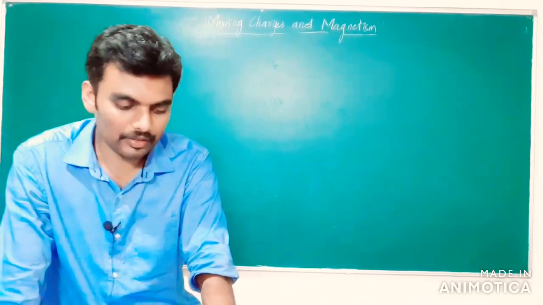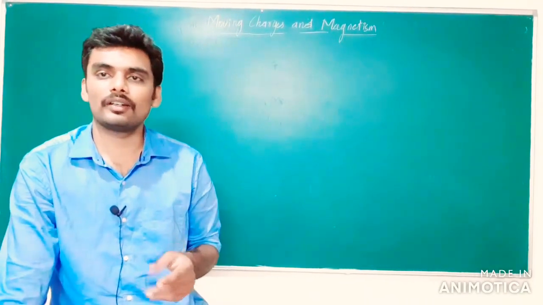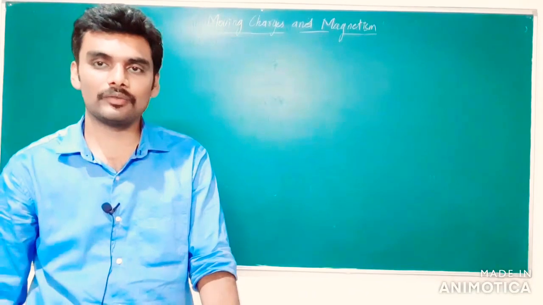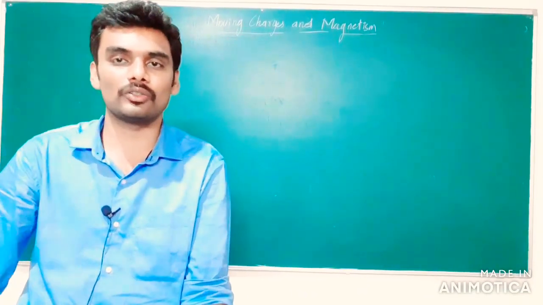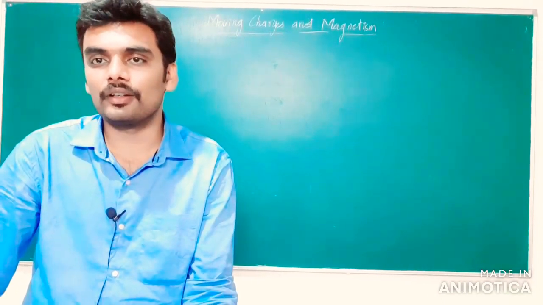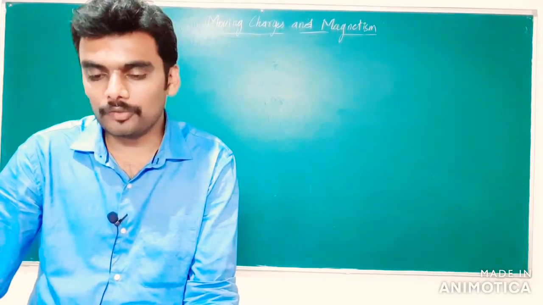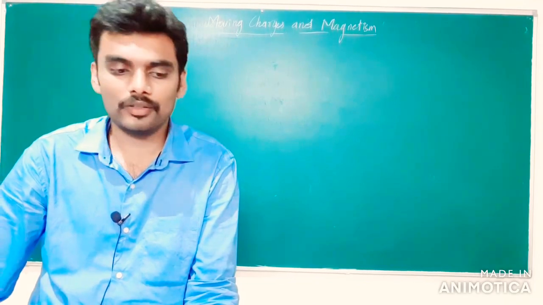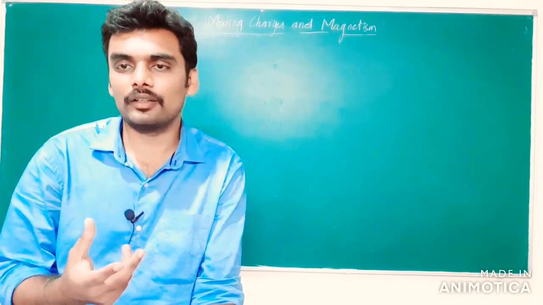But it works on the basic principle that a current carrying coil kept in the external magnetic field experiences a torque, isn't it? We have discussed about it. The amount of torque expression is also derived. Tau is equal to NIAB sin theta, the complete expression. This is the basic principle which we had, right?